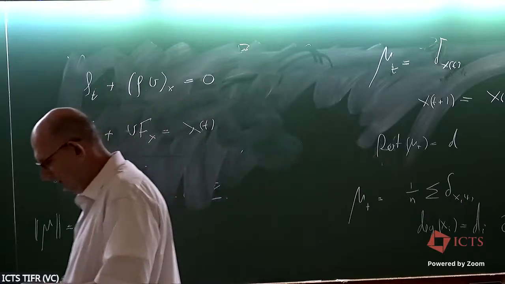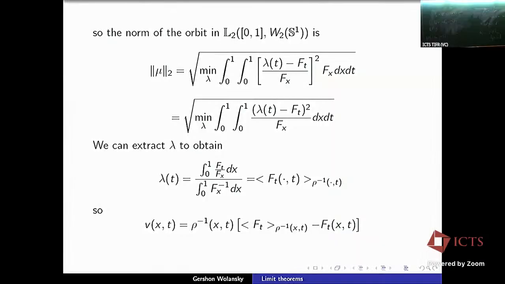We know v up to a function lambda of t, so we take the minimum over all possible functions lambda of t. What's in the brackets is v squared, f_x is rho, so v squared rho dx dt. And we take the minimum over lambda.